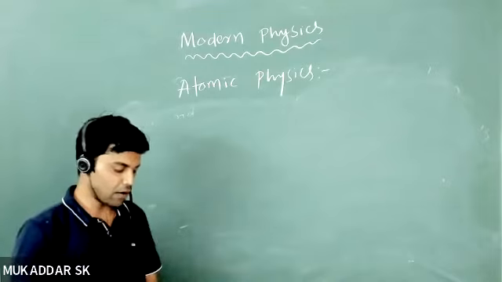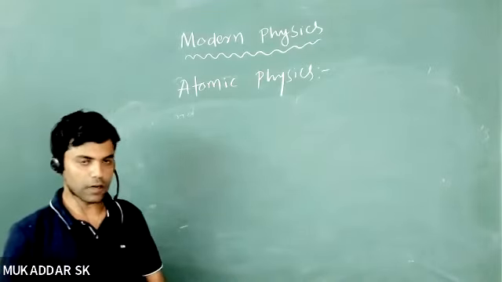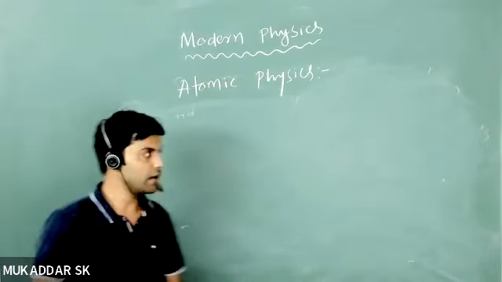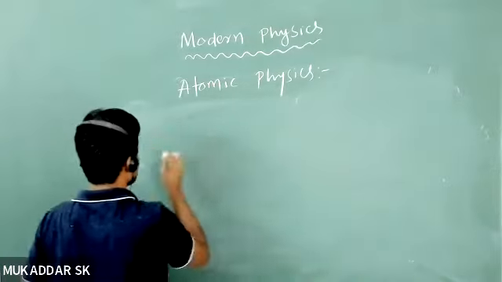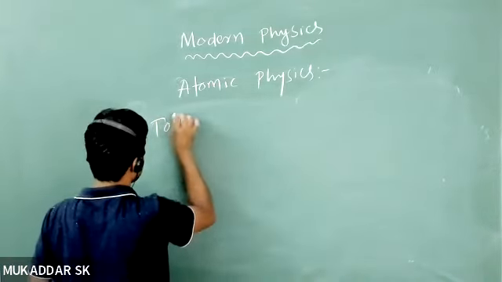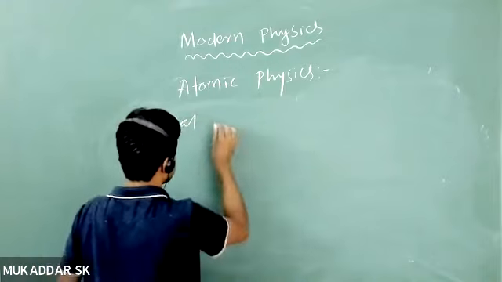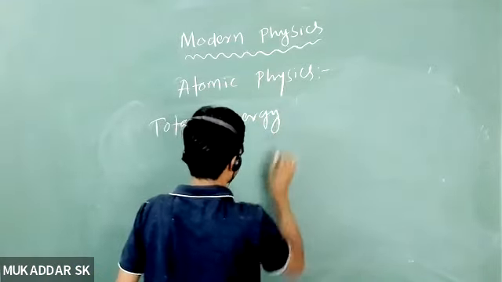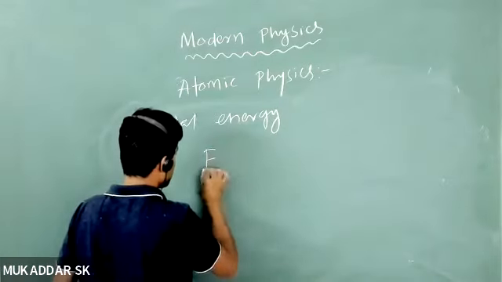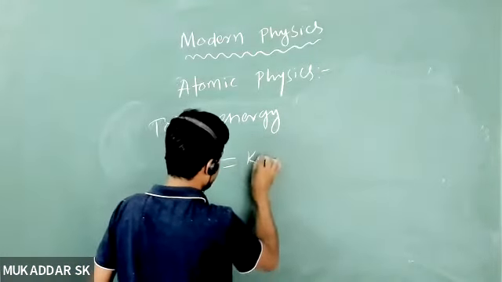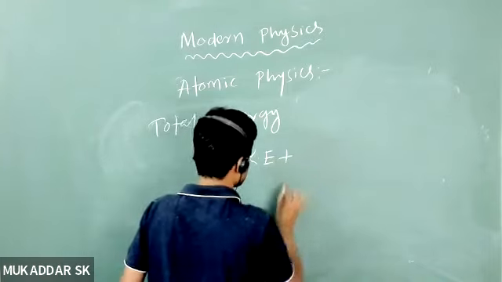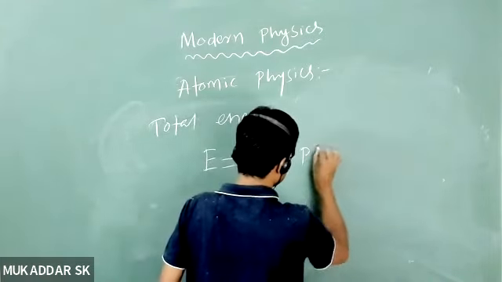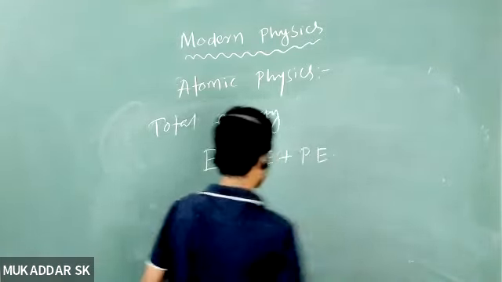Okay. Now we'll calculate the total energy of that orbiting electron. So how much will the total energy be? Total energy capital E should be equal to its kinetic energy plus its potential energy, right?